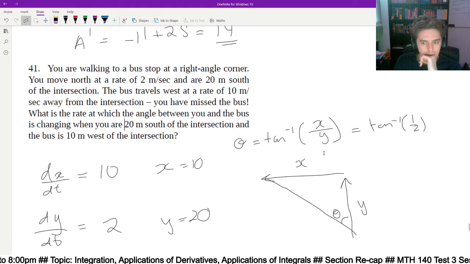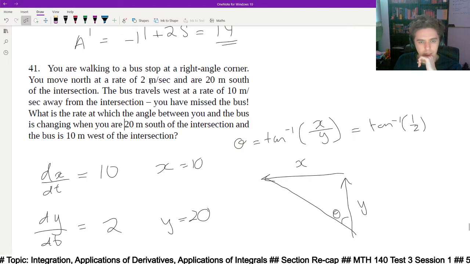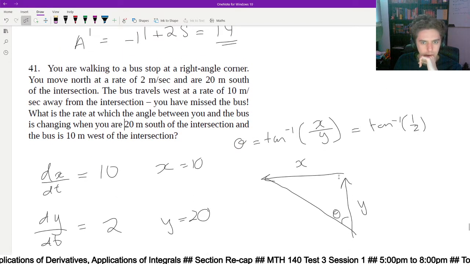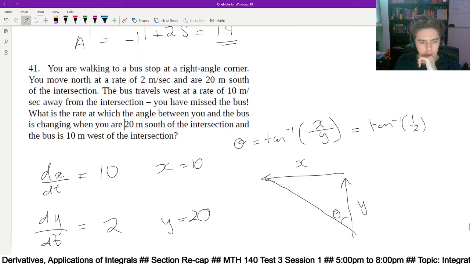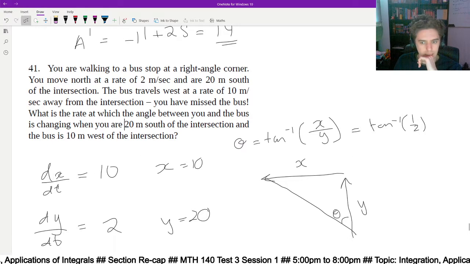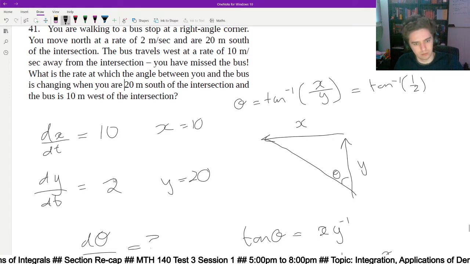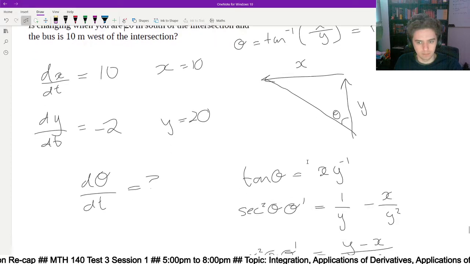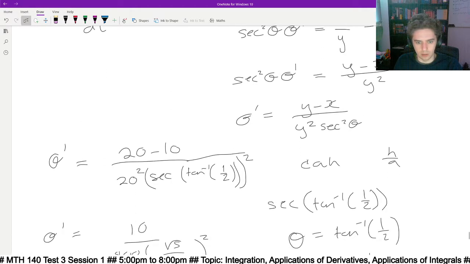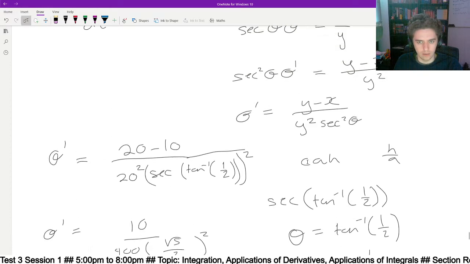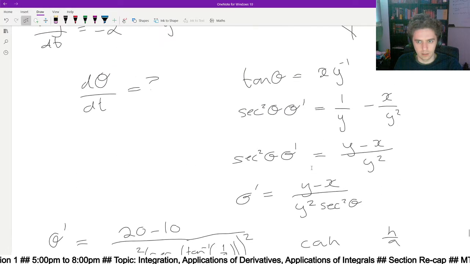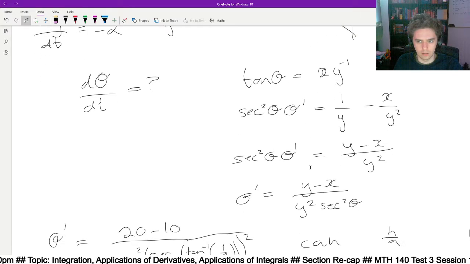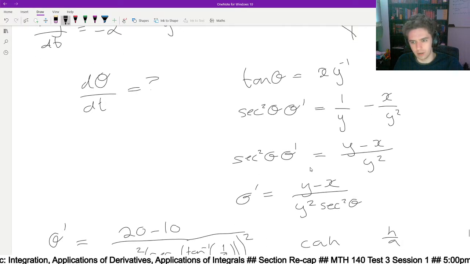You are walking to a bus stop at a right angle. There's the right angle. You're moving north at a rate of 2 meters per second, dy by dt is 2. That's y. The bus travels west at a rate of 10 meters per second, dx by dt. Oh, this is negative 2. The value of y is getting smaller. Yep. So here, oh, and I'm missing a y prime.